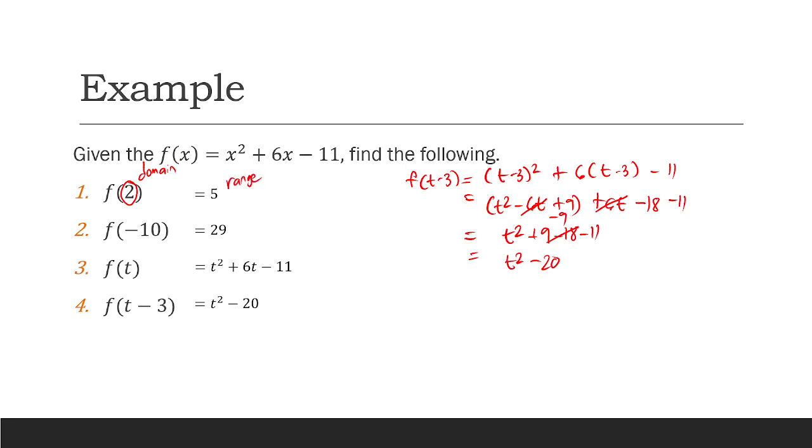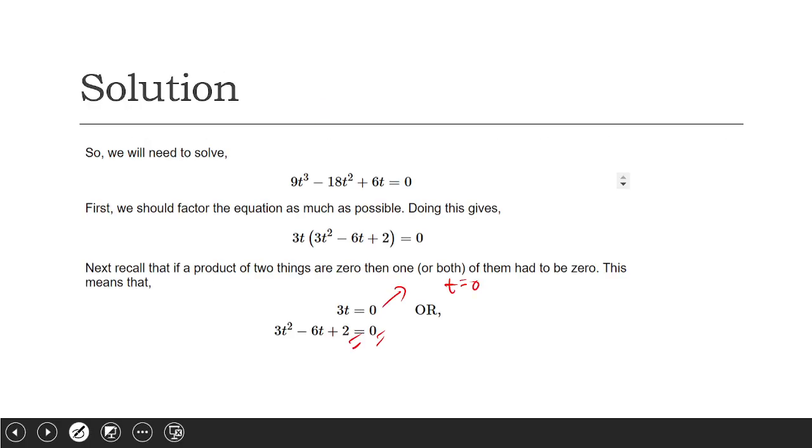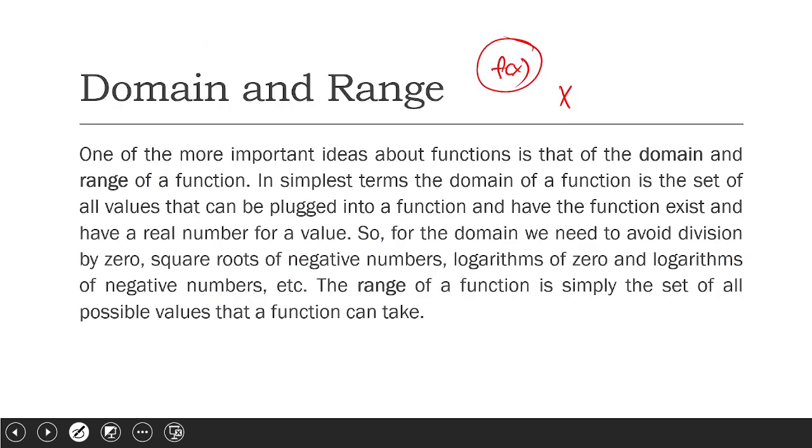So, yun nga lang, when we say domain and range, hindi siya just one single value. It's a range, no? It's an interval. So, pwedeng halimbawa, for your domain, it could be the set of all real numbers from negative infinity to positive infinity.